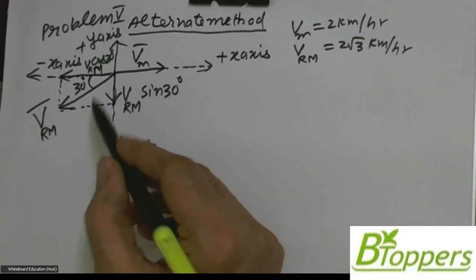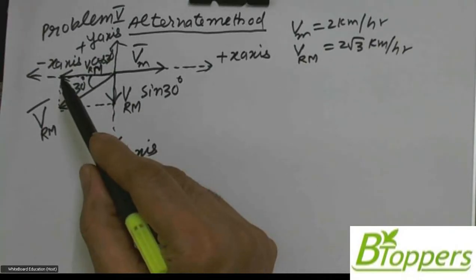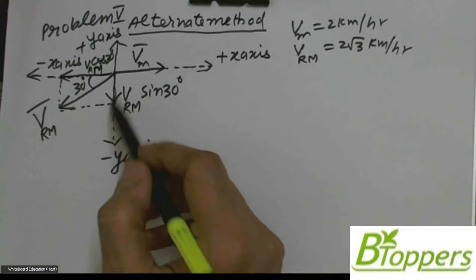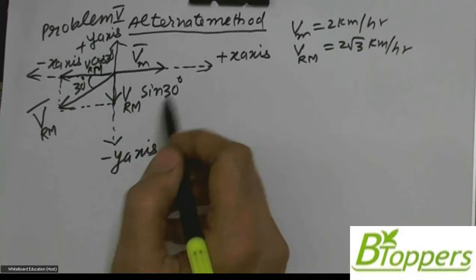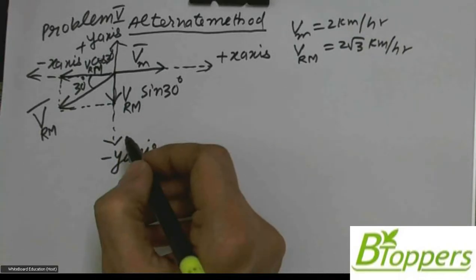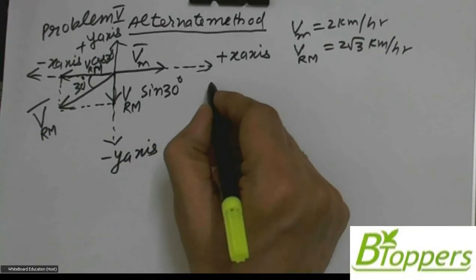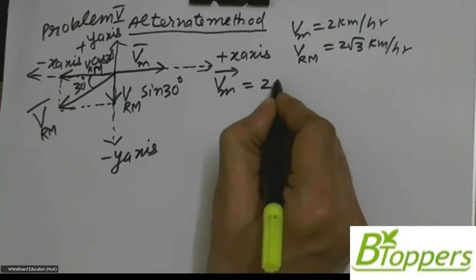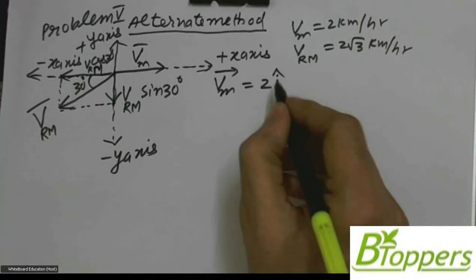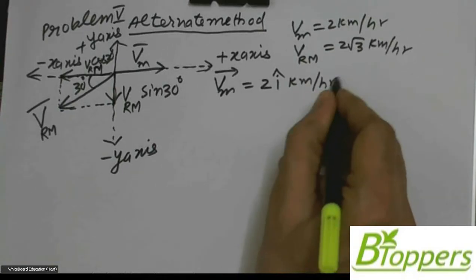So the relative velocity of rain with respect to the man has a rectangular component of magnitude Vrm cos 30 degrees in the horizontal direction, opposite to the velocity of the man, and a component of magnitude Vrm sin 30 degrees vertically downwards. So in vector form, the velocity of the man can be written as 2 i cap. It has no component in the y direction, kilometer per hour.